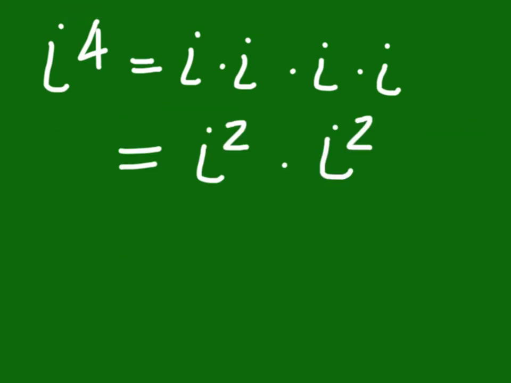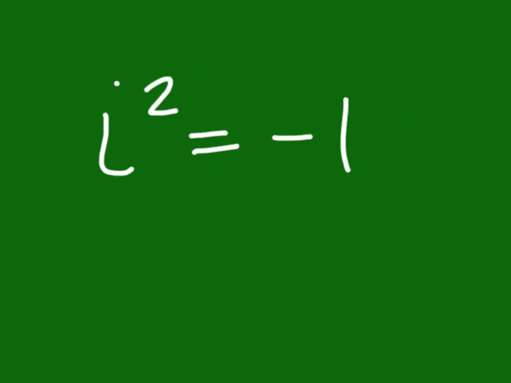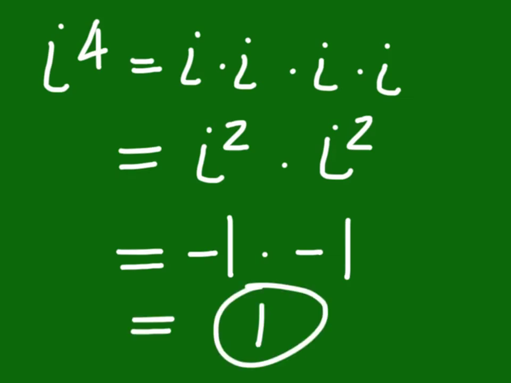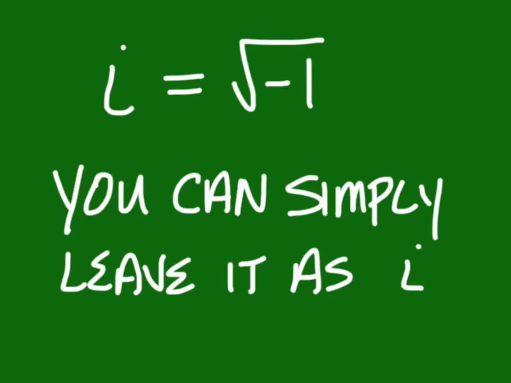So what we did is we broke it up as I squared times I squared. I squared is negative 1, and it's negative 1 times negative 1 to come up with an answer of 1. So here's what we've learned so far. I is the square root of negative 1.